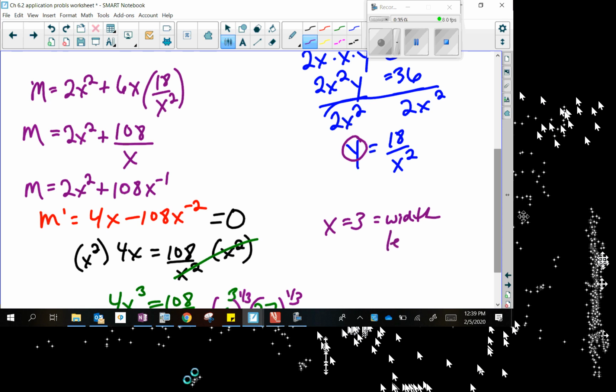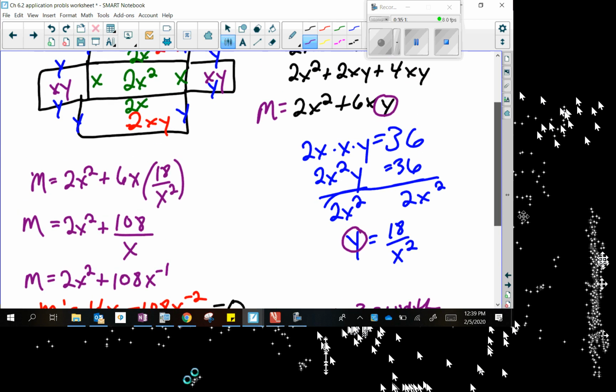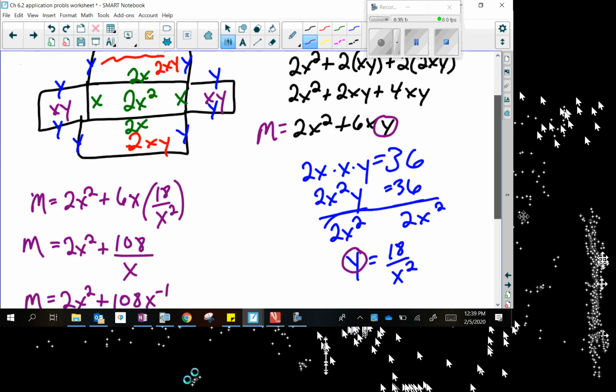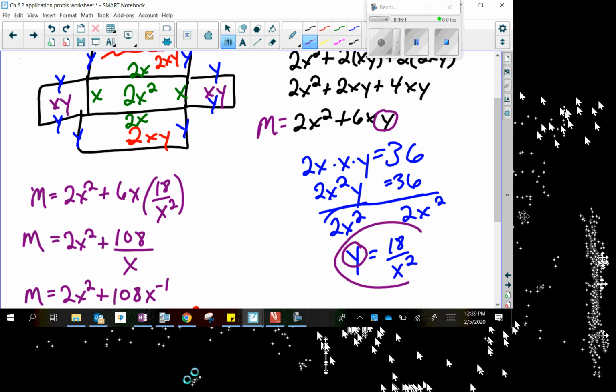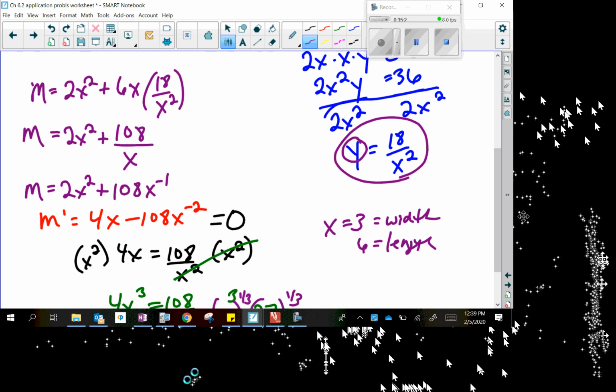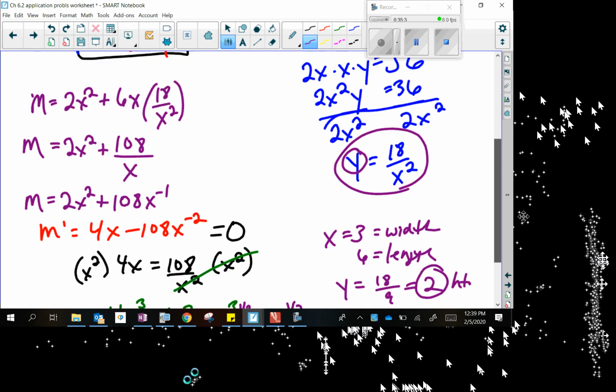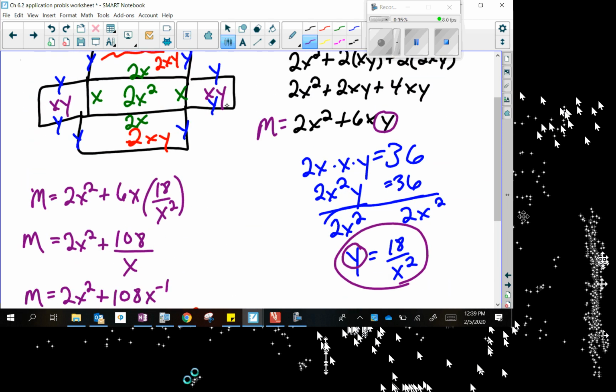The length is 6. And the height, we plug into this right here. Okay, so the width of the box is x, then the length of the box is 2 times x.